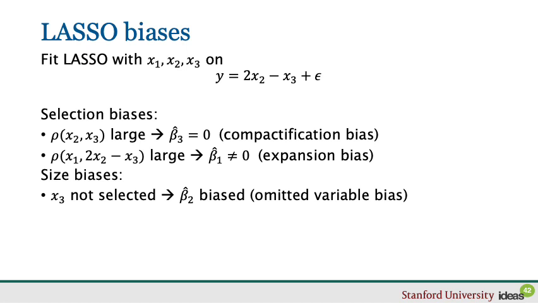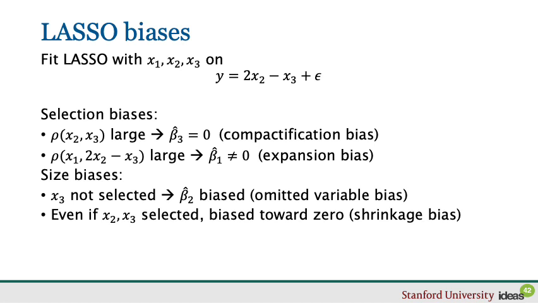What the lasso does is, by excluding variables, it actively encourages or generates omitted variable bias. So in that case, the lasso decides not to include a certain variable because another highly correlated variable is included. That automatically will create omitted variable bias in the variable that is still included.